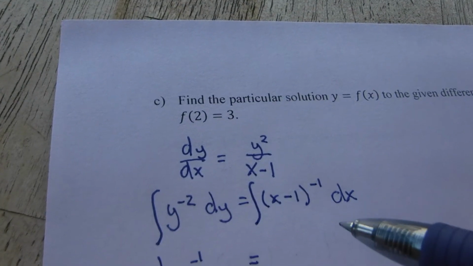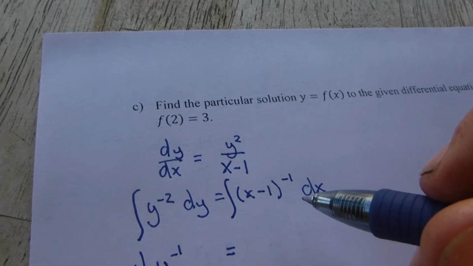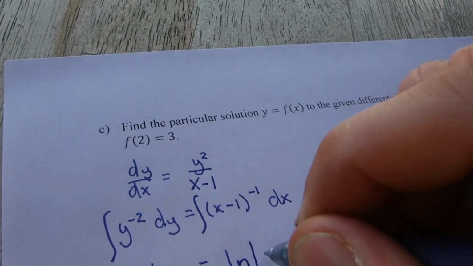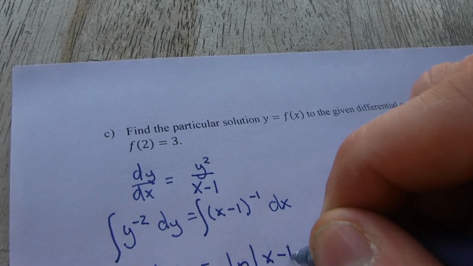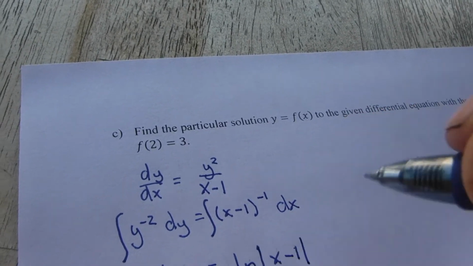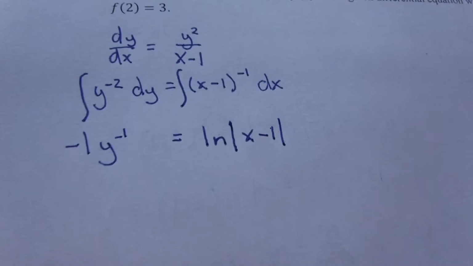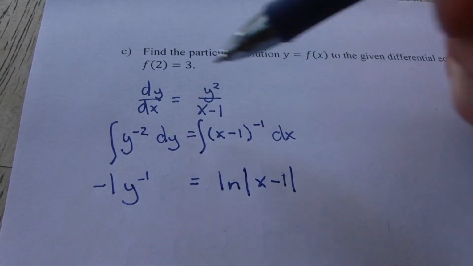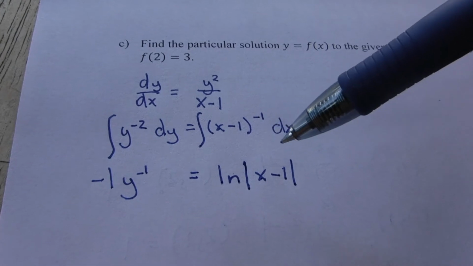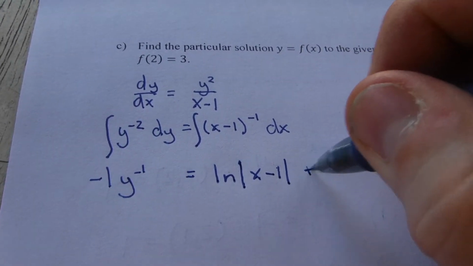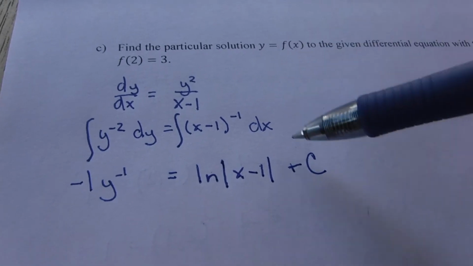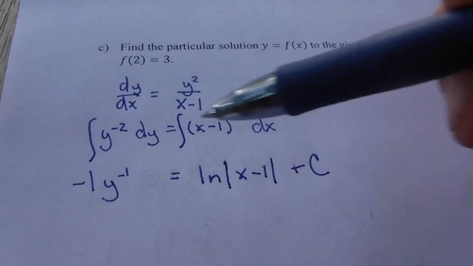You could do u substitution on this side, but you can pretty much take my word for it. It's going to be ln of x minus 1. Both of these sides should have a plus c, but because you did this all at once, we just add one generic plus c at the very end, and this c will encompass the entire problem.